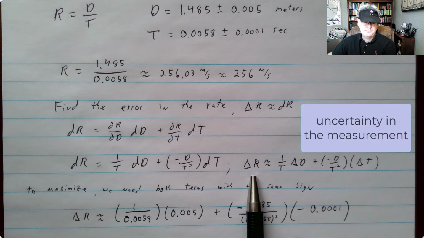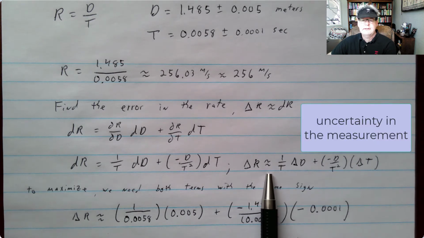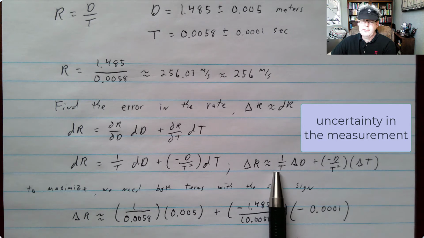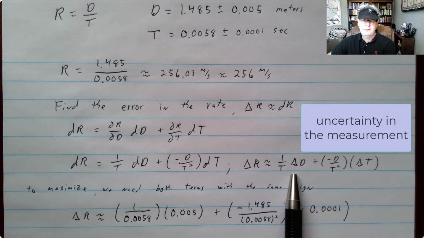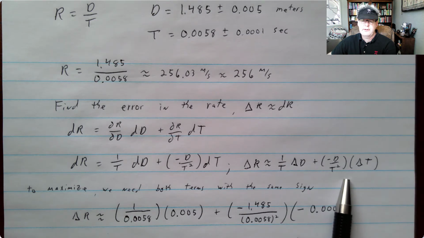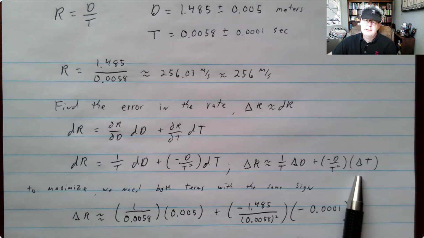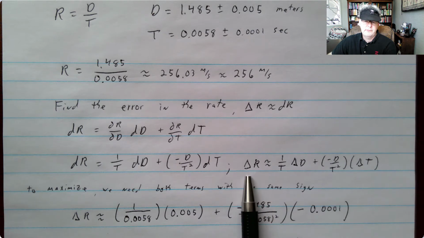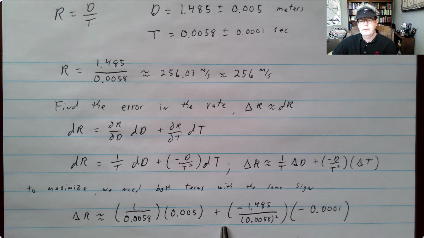So the error in the rate is basically 1 over the time times the error in the distance plus negative d over t squared times the uncertainty in the time. And to maximize the uncertainty in the rate, we will take the uncertainties so that we add two positive quantities.